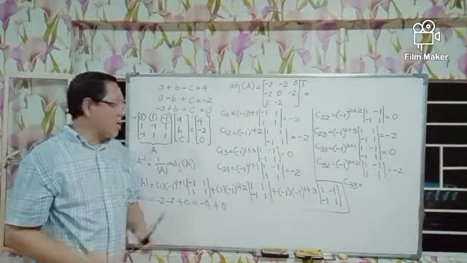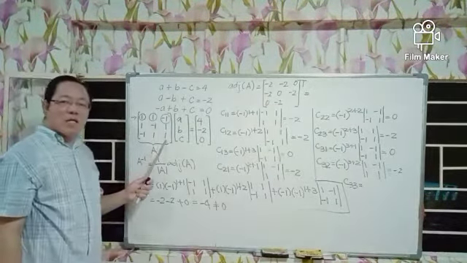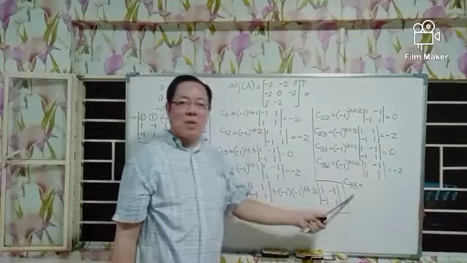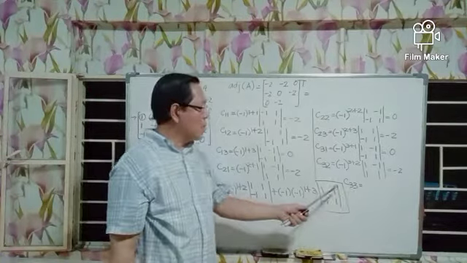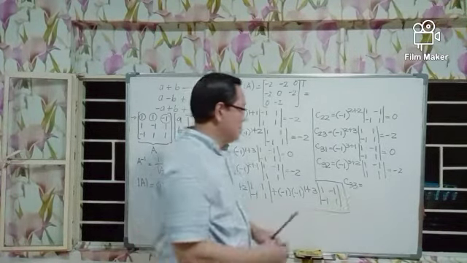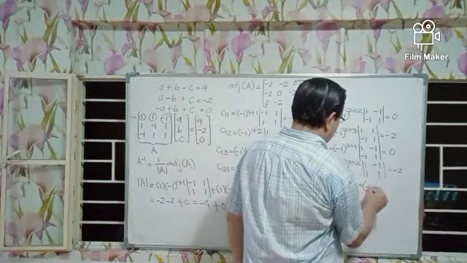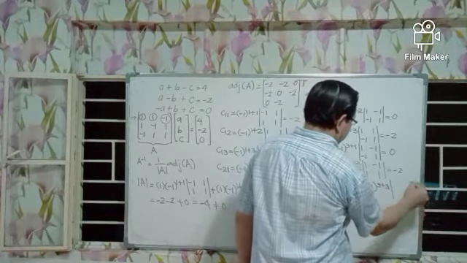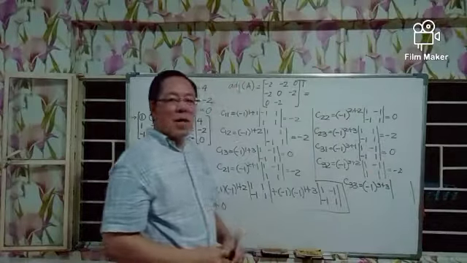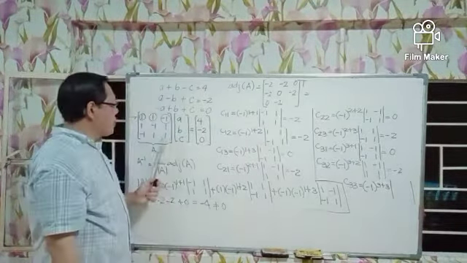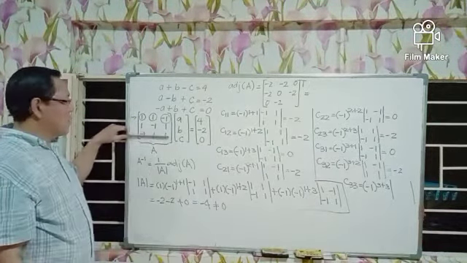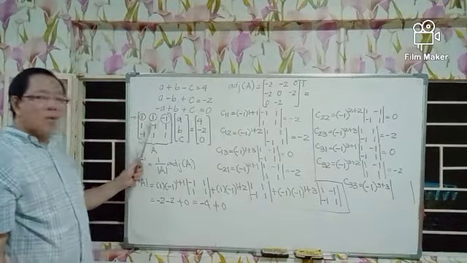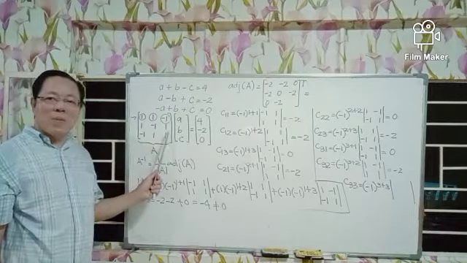Finally, the cofactor of the last entry in the last row, 1, denoted by C sub 3, 3, is given by negative 1 raised to 3 plus 3, times the determinant that remains after deleting the third row and the third column. And we get 1, 1, 1, negative 1.